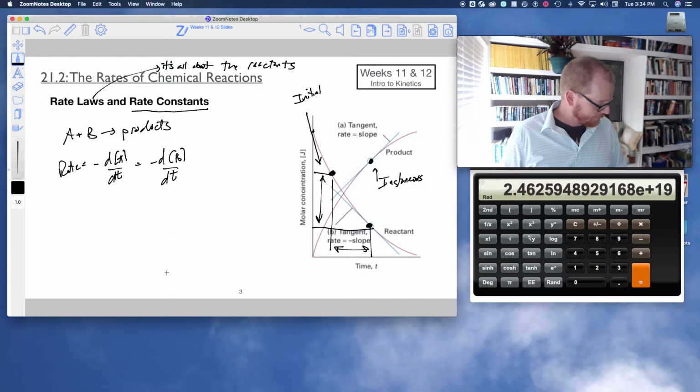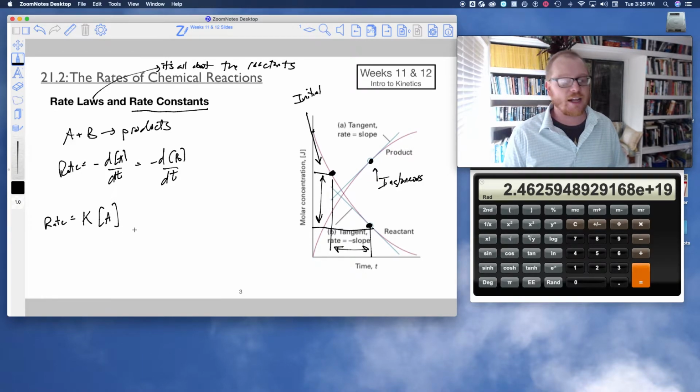So that's all good. Now the way I can make a rate law out of this is I'm just going to use the generic rate, knowing that I can either set this equation equal to negative d[A]/dt or negative d[B]/dt, because both are reactants. And to set up this rate law, it's always going to be k times the reactants.